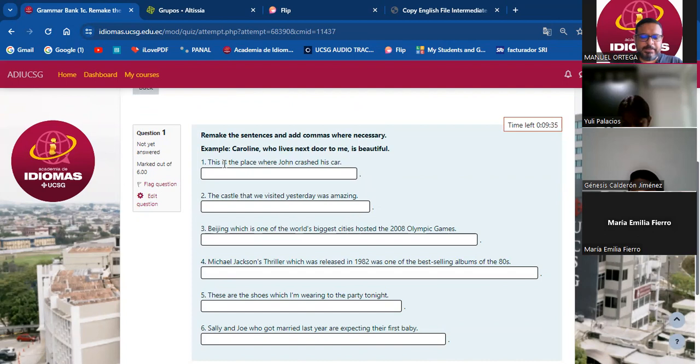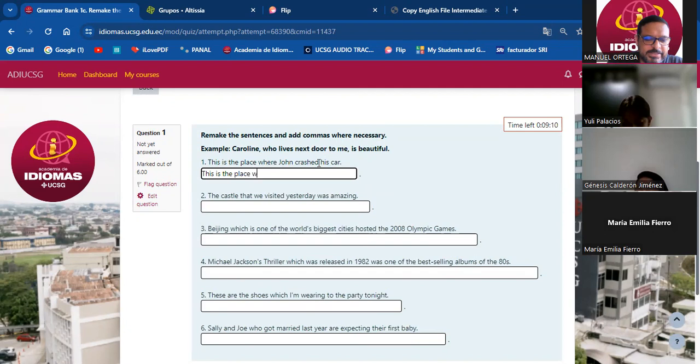This is the place where John crashed his car. Like in here, you have information only about the place. This one, we're going to keep the same.